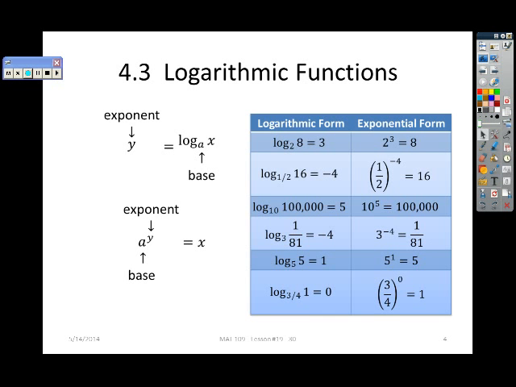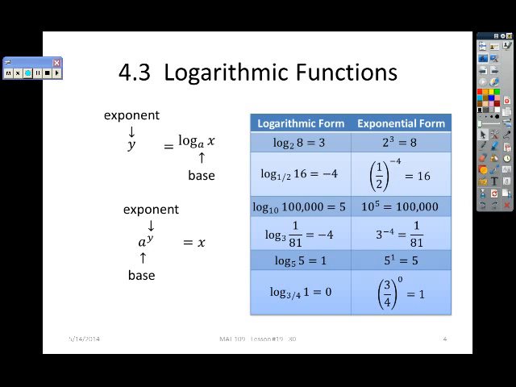Some examples. In base 2, the logarithm of 8 is 3, because if we take 2 and cube it, what do we get? We get 8, right? So the logarithm in base 2 of the number 8 is the number 3, because it's the exponent we have to raise 2 to get the number 8.